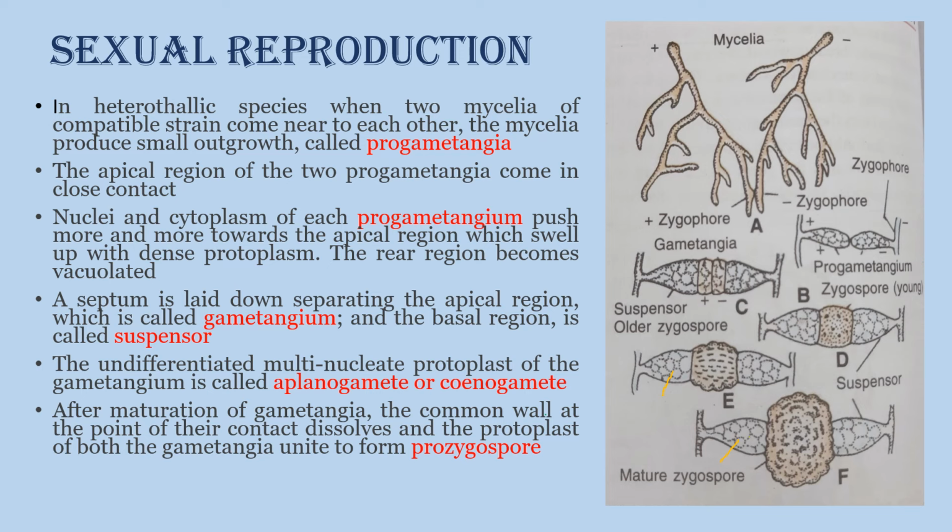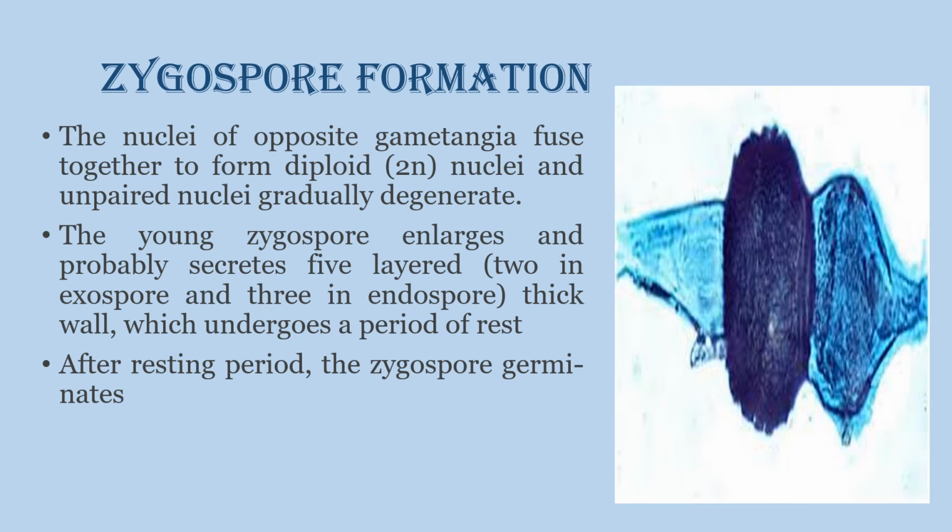So this suspensor cell has dried up and liberated the zygospore. After that, the zygospore germinates. This germination occurs by the formation of a germ tube, which I'm going to discuss in the next slide.